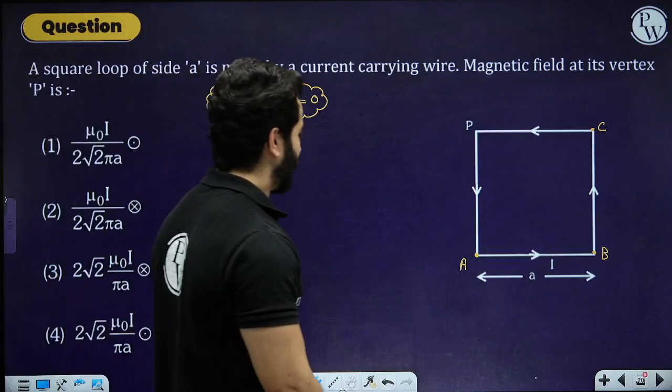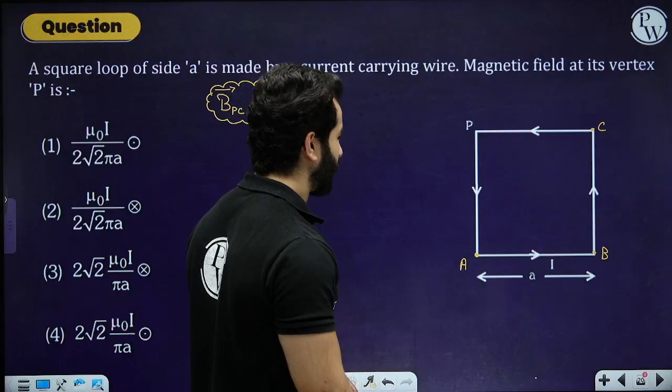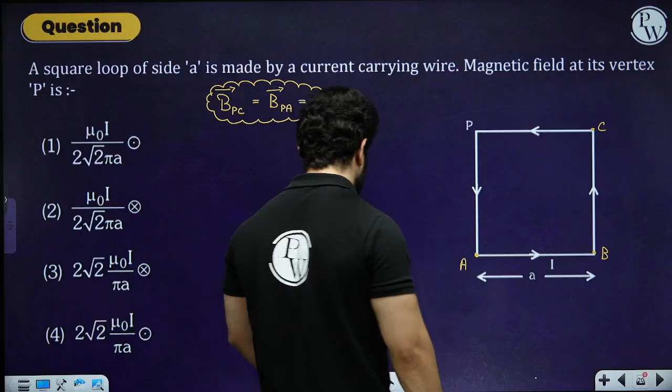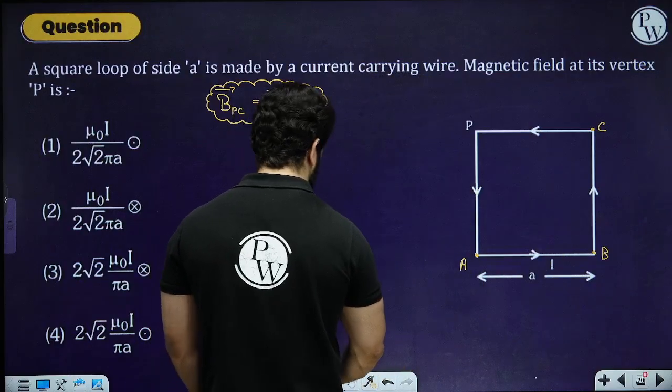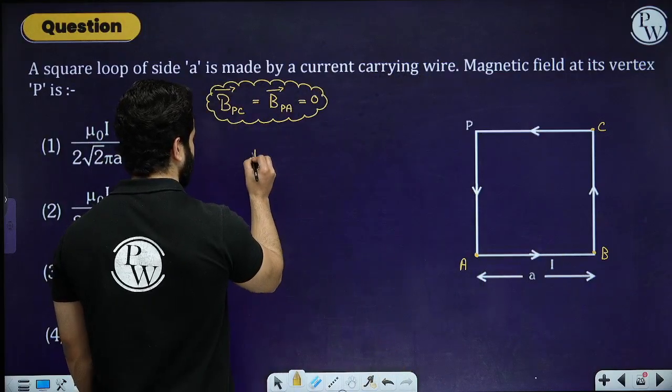As far as the other two wires are concerned, let's suppose we want to find out the magnetic field due to wire BC.